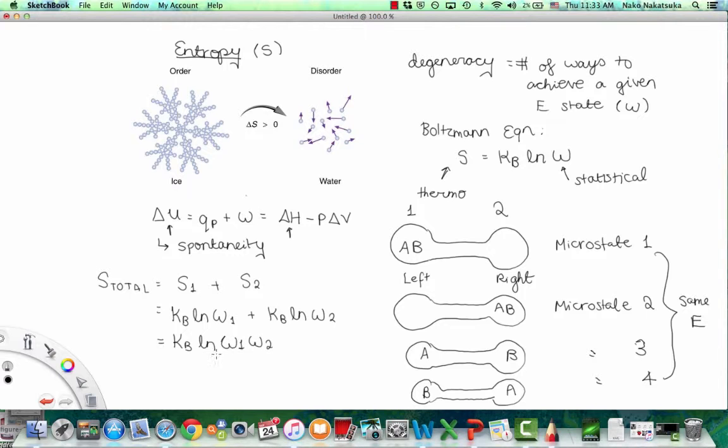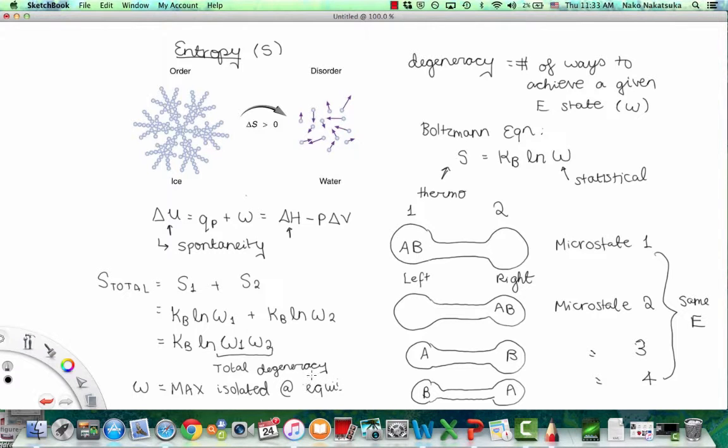And this represents the total degeneracy. So another important thing is that in an isolated system, where remember the energy is constant, at equilibrium the degeneracy is at a maximum.